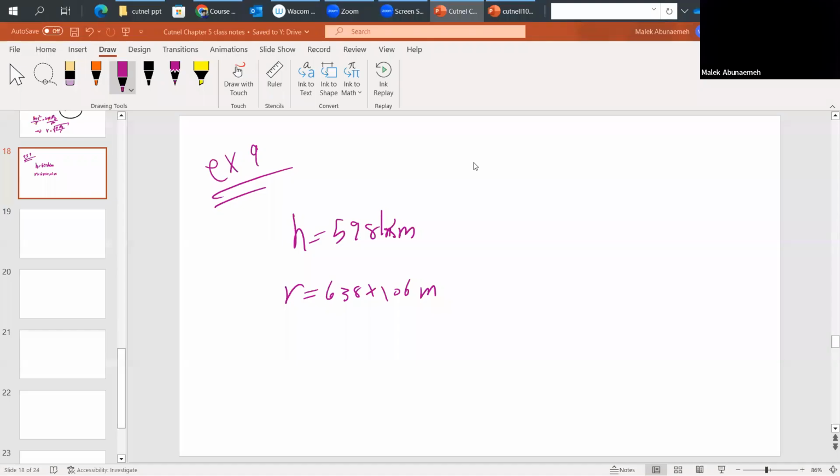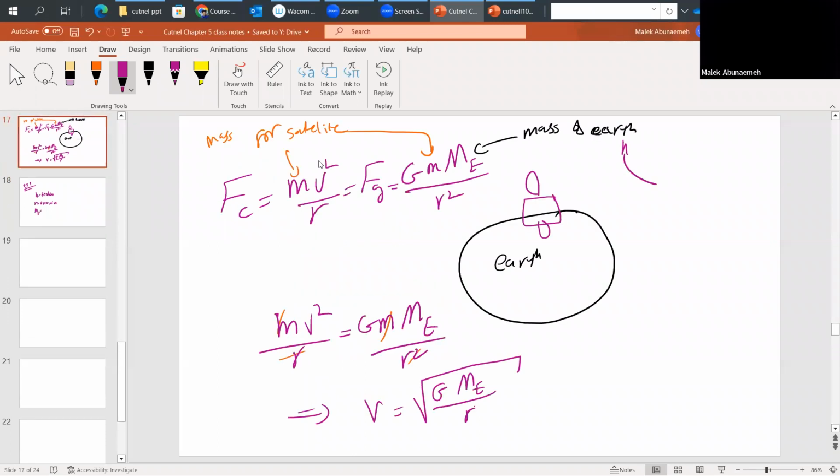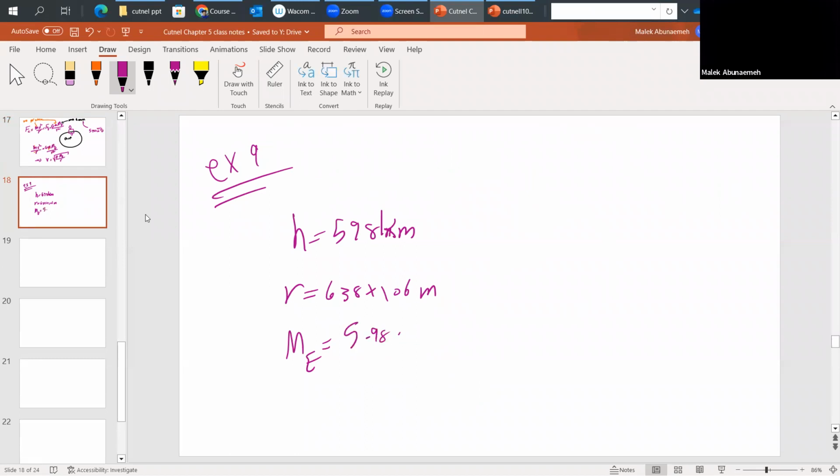Now I'm going to write down the mass of the Earth, which I didn't write down over there. This is going to be 5.98 times 10 to the 24 kilograms, and your radius is 638 times 10 to the 6 meters.